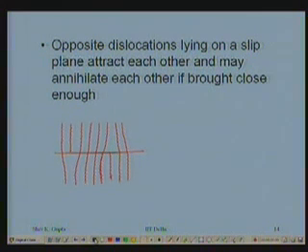Here I have one positive edge dislocation and here I have one negative edge dislocation. Both of them lie on the same slip plane.